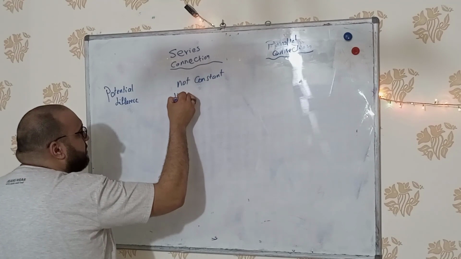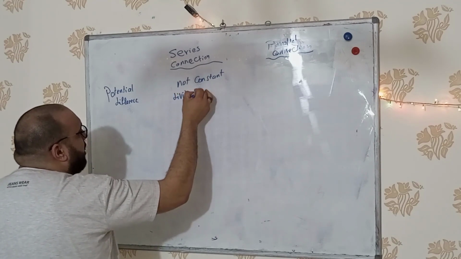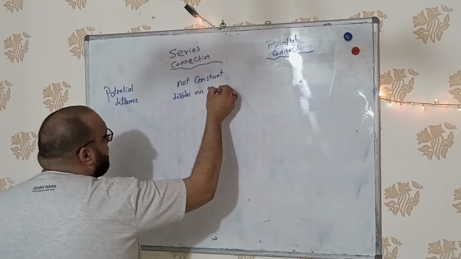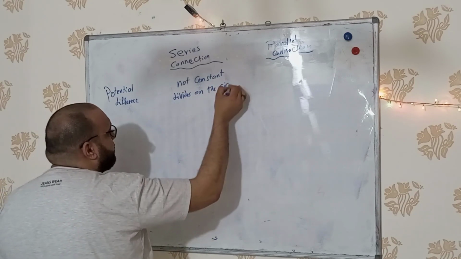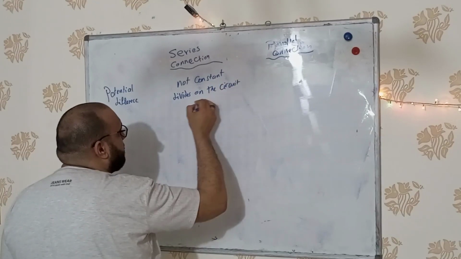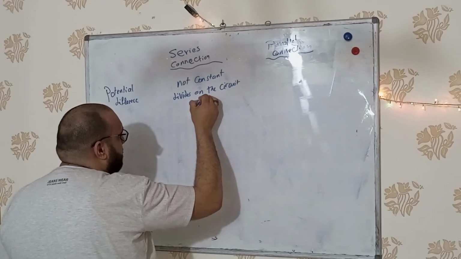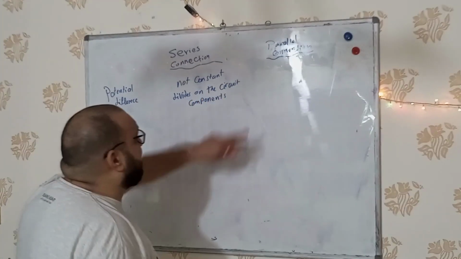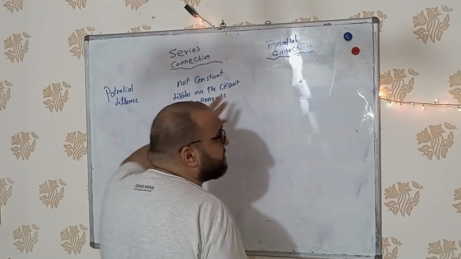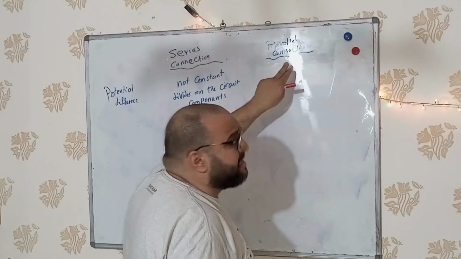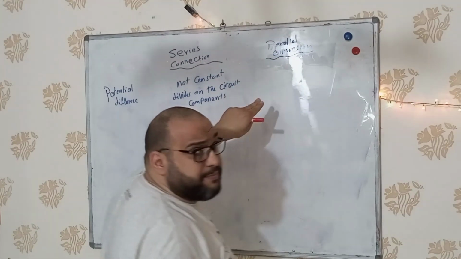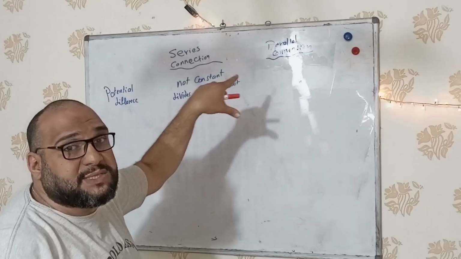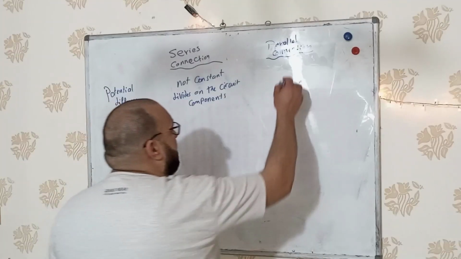It divides on the circuit components. While in the parallel connection, the potential difference is constant, as all of the components of the parallel connection are connected to the same point, so it's constant.